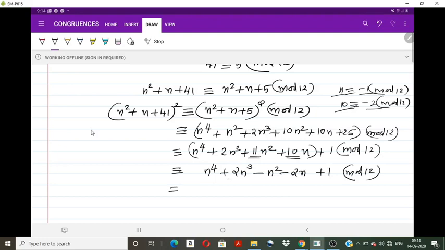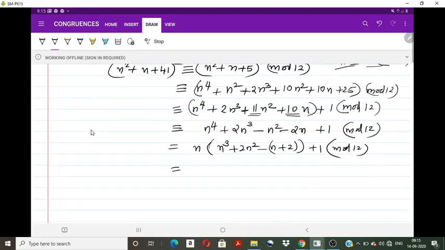Now take n outside. So n into n cube plus 2n square minus n minus 2, plus 1 modulo 12.